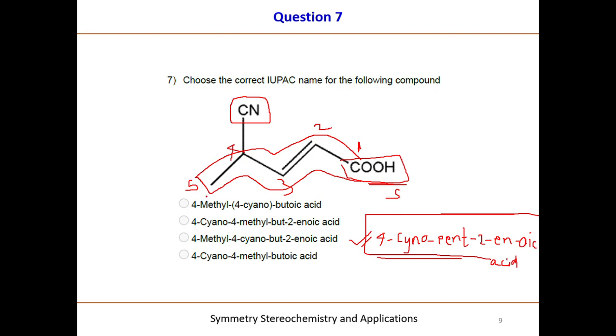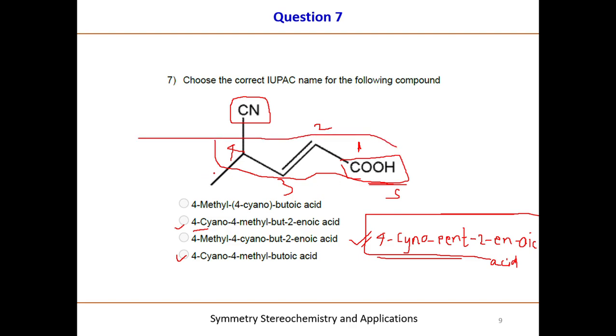As I told you, a 4-cyano group is present. So 4-cyano is in options number 2 and 4. Now we have to see 4-methyl. You can see they have considered this as the longest chain, 4 carbon atoms as the longest chain. So at carbon number 4 we have a methyl group also, so 4-methyl substituent, 4-cyano, 4-methyl.